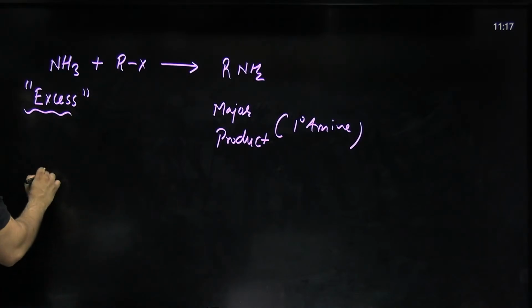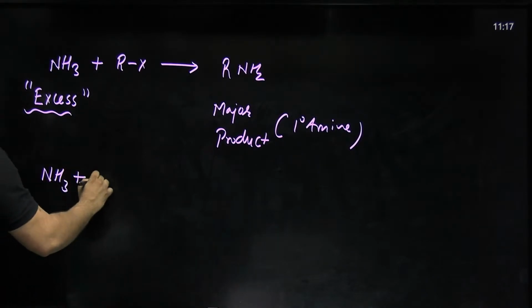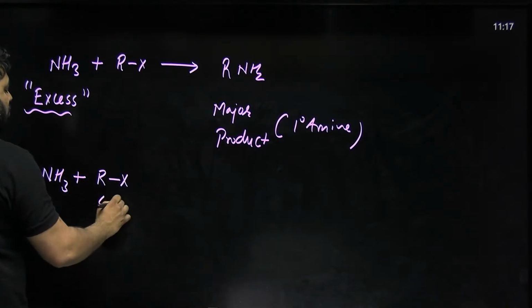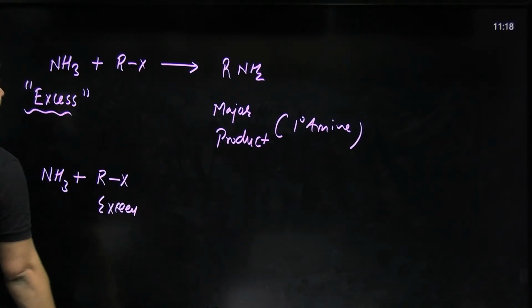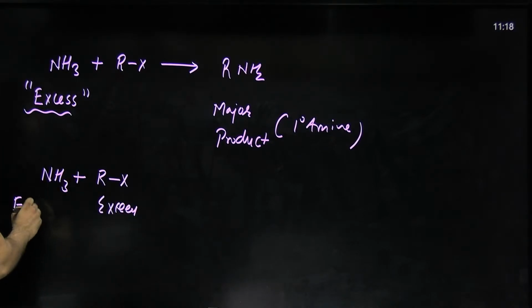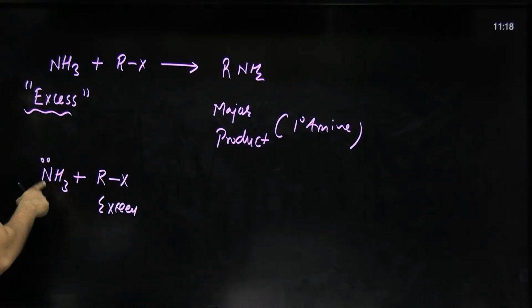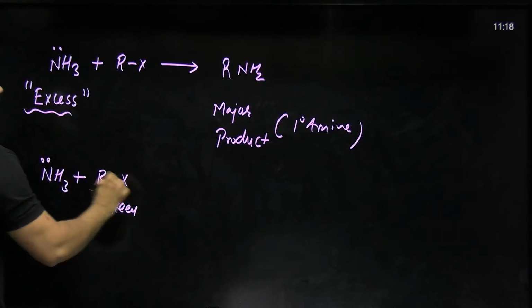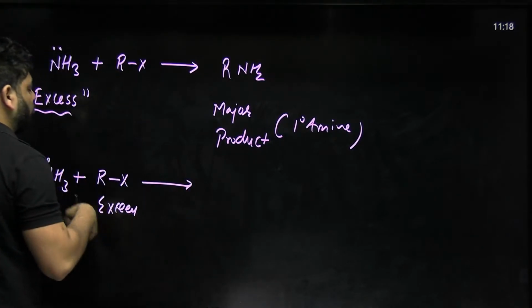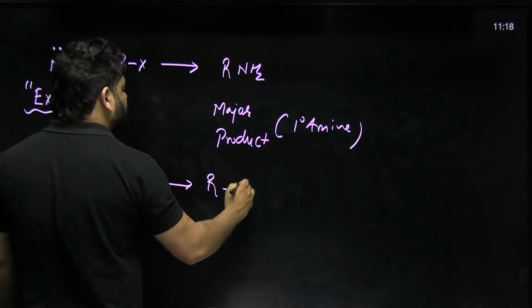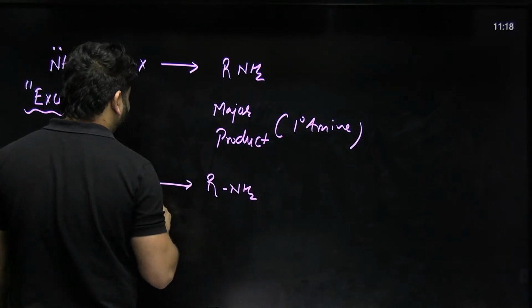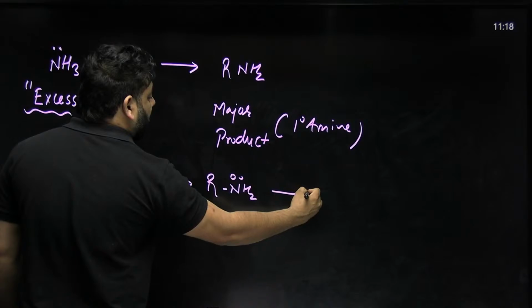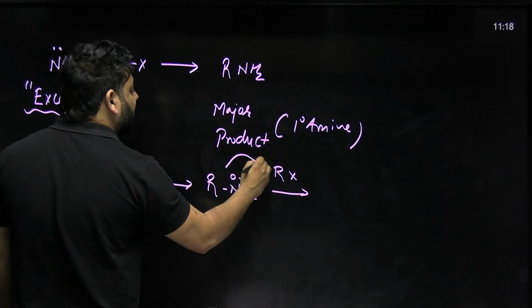So let us suppose in this way I am taking RX in excess. So I am continuously availing the substrate to be attacked by the so formed nucleophile. Now this ammonia is working as a nucleophile, and excess is RX. Once RNH2 is formed by eliminating HX, and we have plenty of RX here, it will be taking another attack.